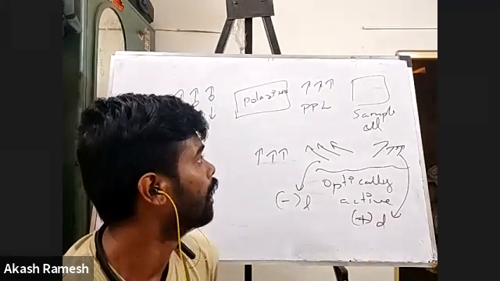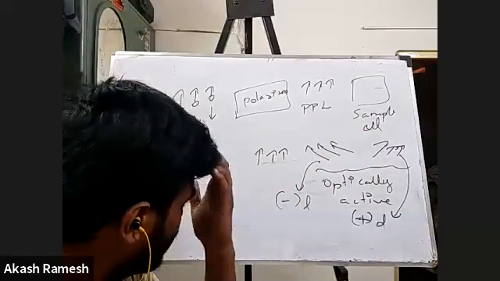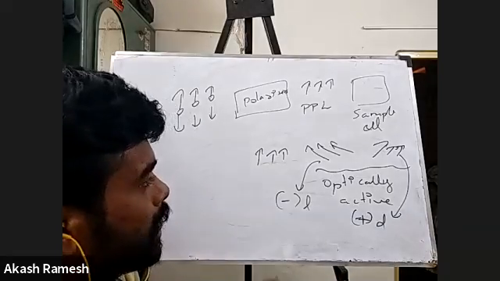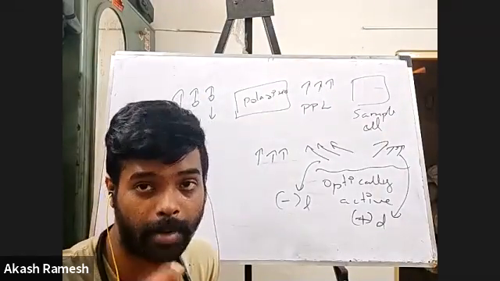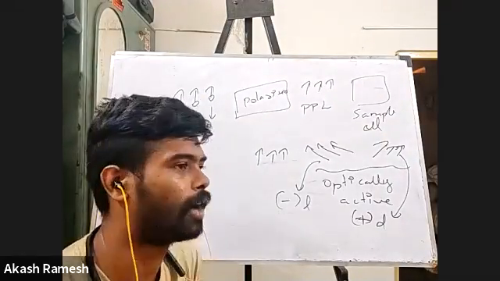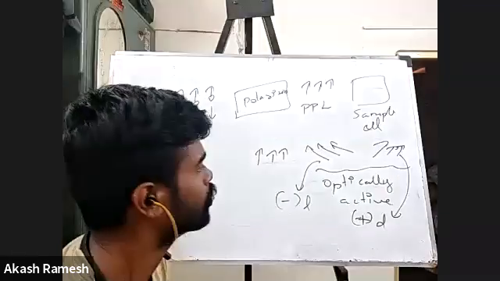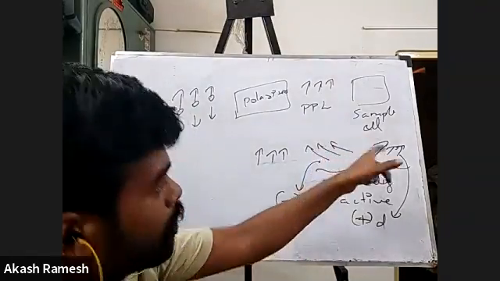Now we have to speak about the sample cell. Please understand, there are certain standard conditions which have to be maintained. What do you think are the factors which can influence the amount of rotation?